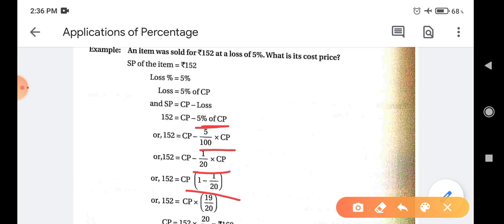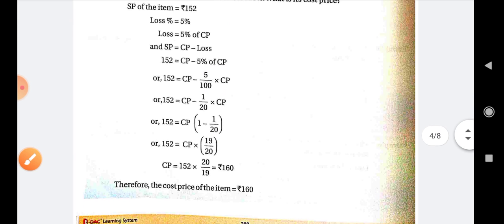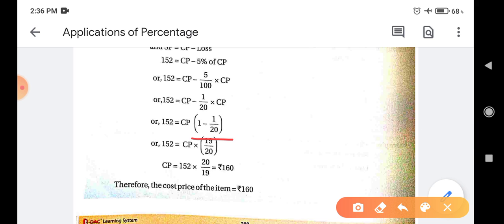Now take CP as common, then we get 1 minus 1 by 20. After solving 1 minus 1 by 20, we get 19 by 20. Then CP is equal to 152 multiplied by 20 by 19. After solving it, we get 160 rupees. So here CP is 160 rupees.